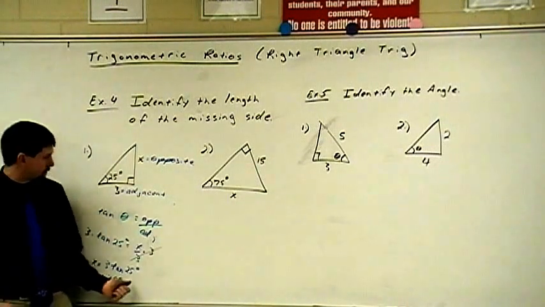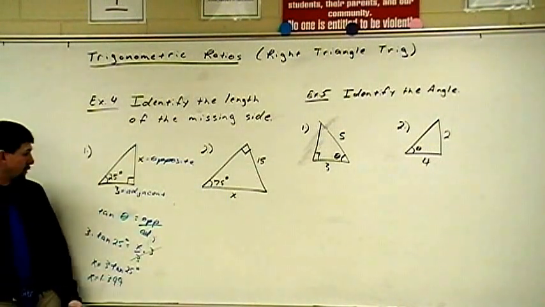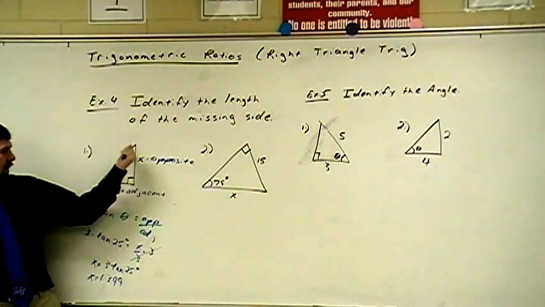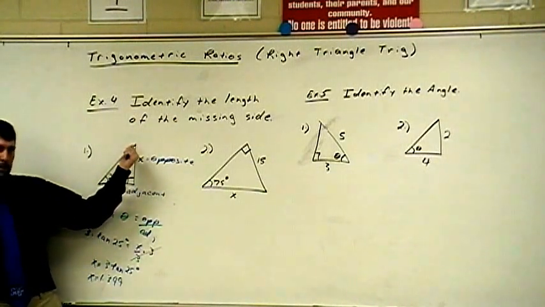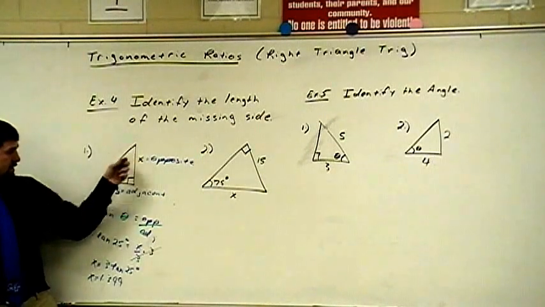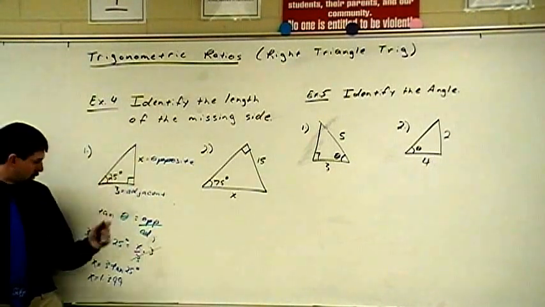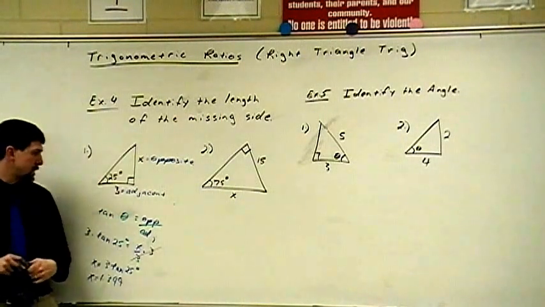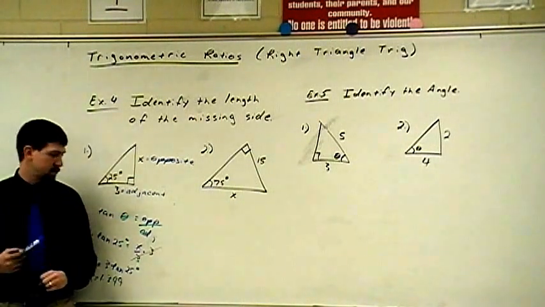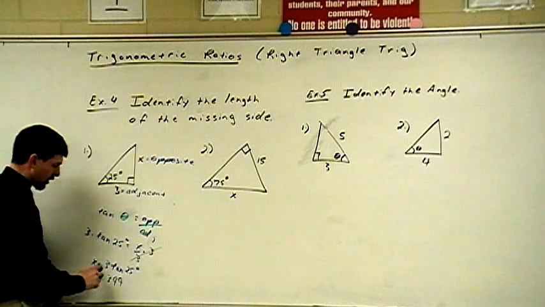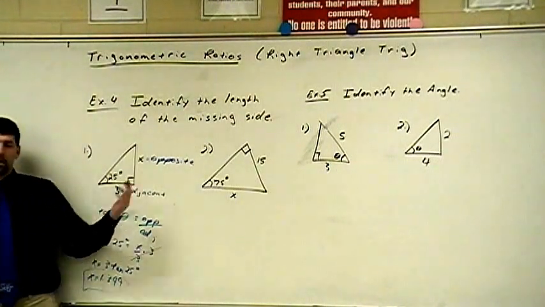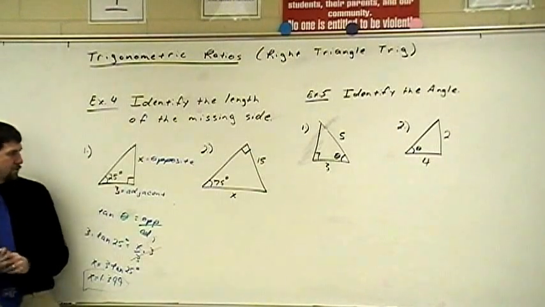Which should make pretty good sense, because if this is 3, and this is 25, then that's going to have to be 65 degrees. 65 to 3 and 25 to about 1.4 is probably a pretty good ratio of those two sides, relating back to those angles. So we have found that missing link by using the trig ratio that puts together the information we're given.